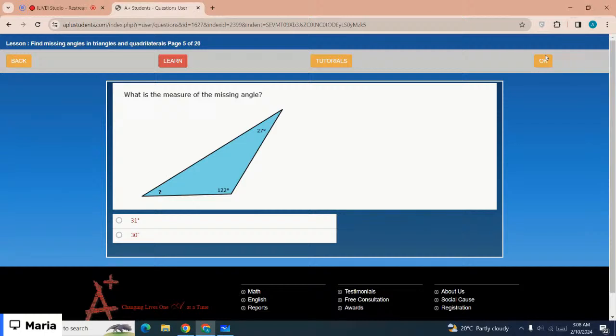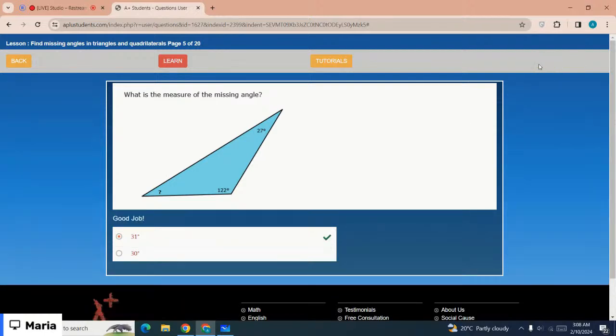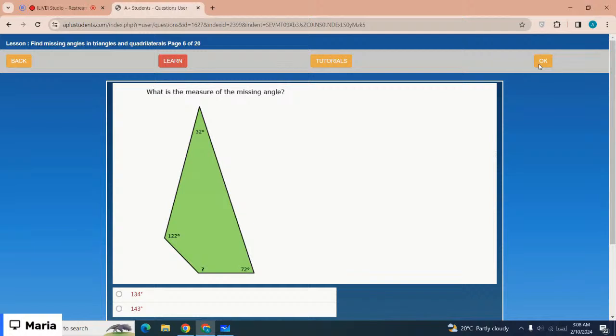The sum of all the angles in a triangle must equal 180, right? So 122 plus 27 equals 149, and you have to subtract it from 180. That means the missing angle equals 31 degrees. Got it? What is the measure of the missing angle? So which is the correct option?